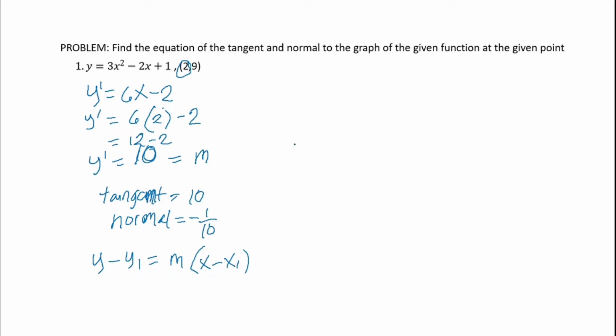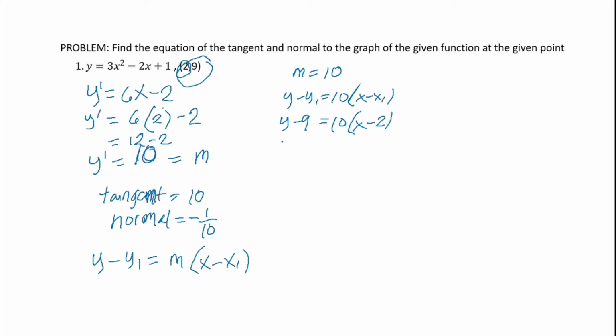This is the equation that we're going to use to get the tangent and the normal line. First we need to get the tangent. The slope is equal to 10, the same as the slope of the curve. So y minus y sub 1 is equal to 10 times x minus x sub 1. You substitute the values at the given point, so we have y minus 9 is equal to 10 times x minus 2.